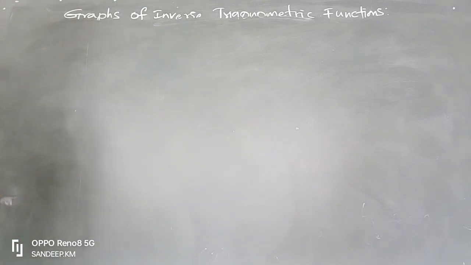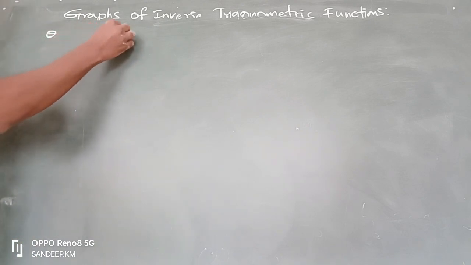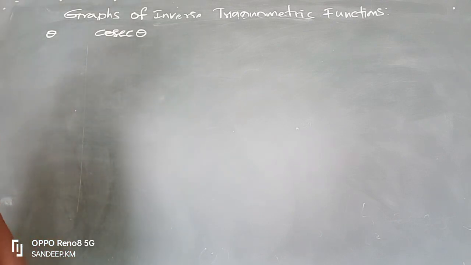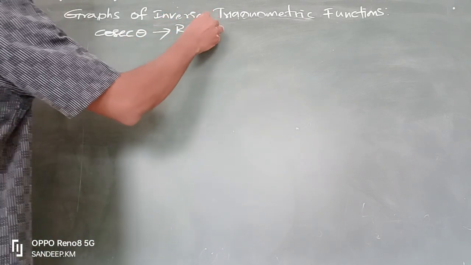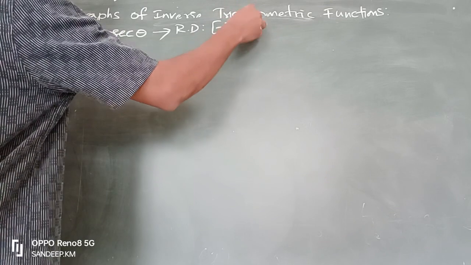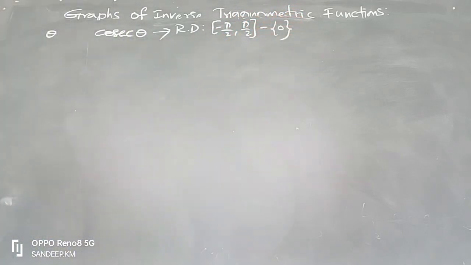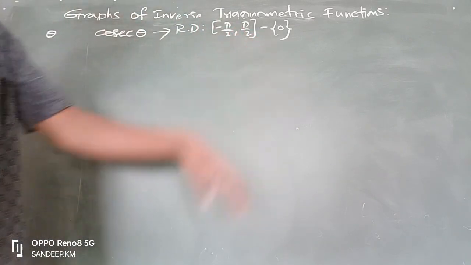So first of all, let us take theta and cosec theta. The restricted domain of cosec theta, like its reciprocal sin theta, is minus pi by 2 comma pi by 2 except 0. Let us take the inputs for theta from minus 90 to plus 90 except 0.